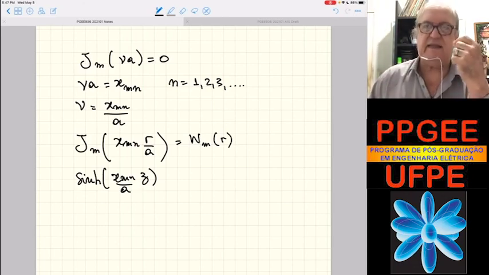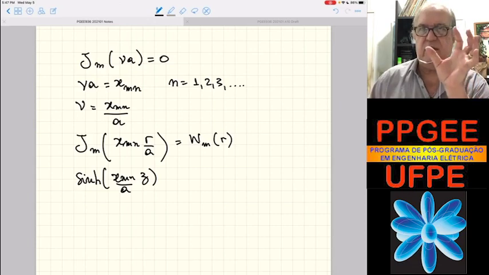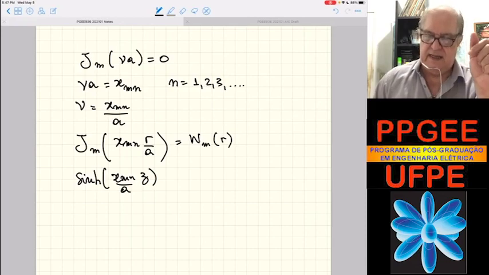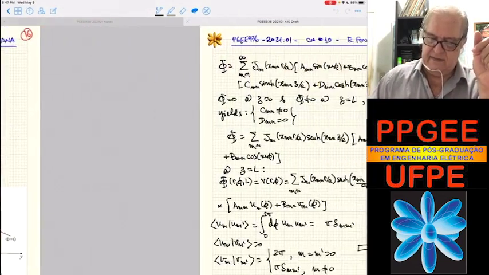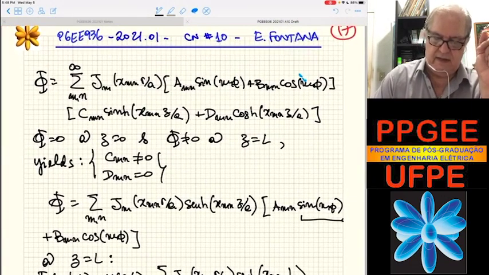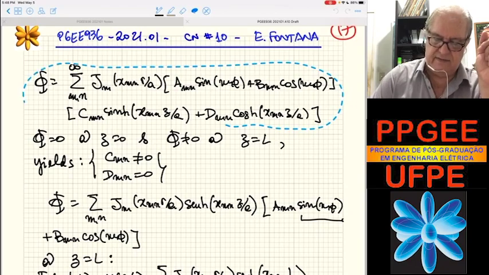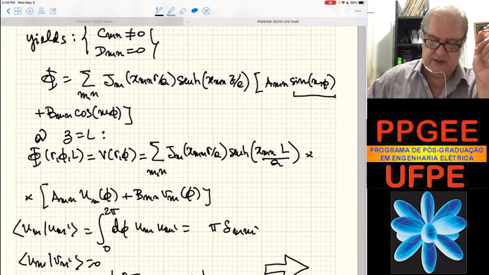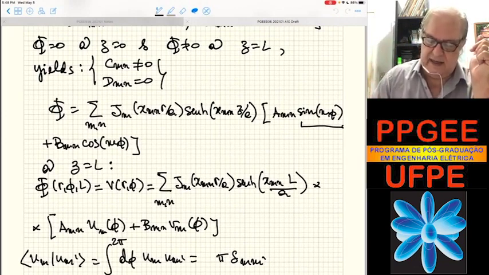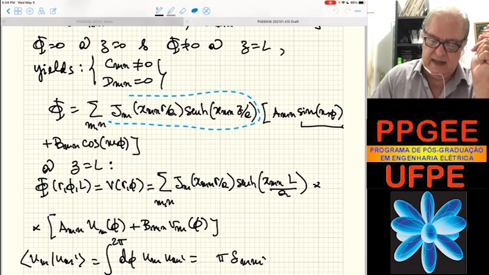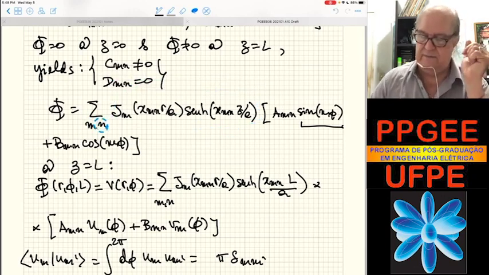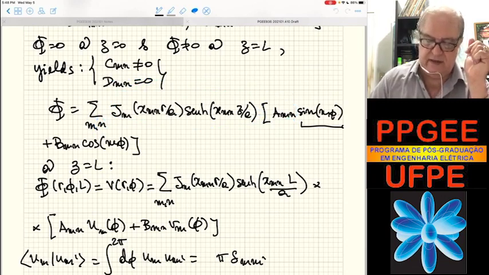This is just one element of the solution, but we know that we can make a superposition of solutions. So the proposed solution is something like this. I already applied the boundary conditions, so I have an infinite sum over two indices. m goes from 0 to infinity, and n goes from 1 to infinity. I have coefficients to be determined.